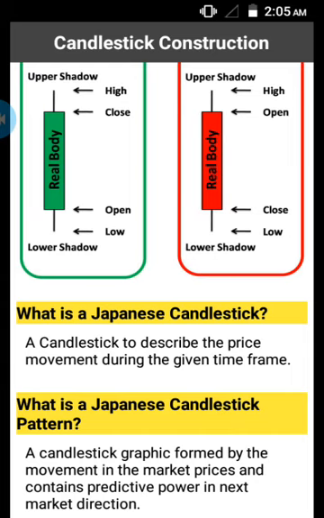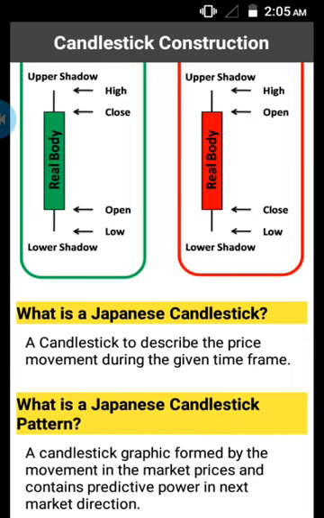And again, remember, that's about 2 minutes now. And then it pushed itself up, let's say in the middle of that real body again. It stopped there, that will be 3 minutes. And it pushed itself up to the point of the upper shadow, the high, where the arrow is pointing high.